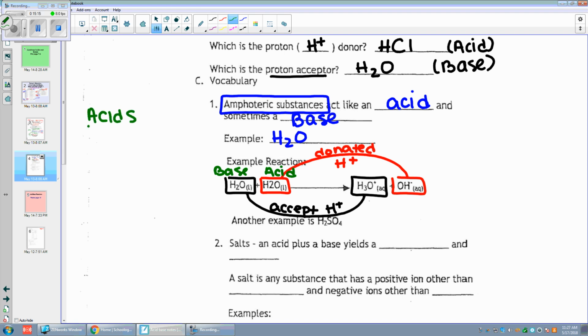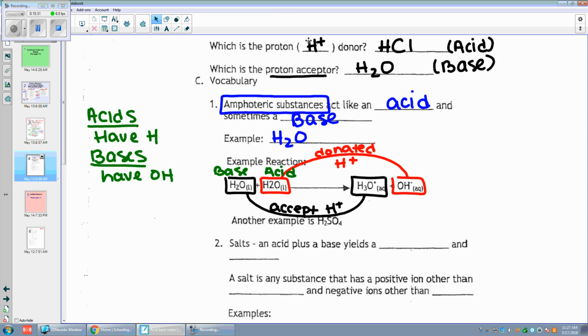So we can kind of note on the side: acids have H, bases have OH. I can also put my alternative definitions. Acids have H, and they donate a proton, which is an H+.